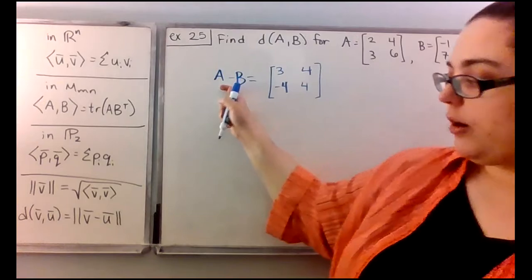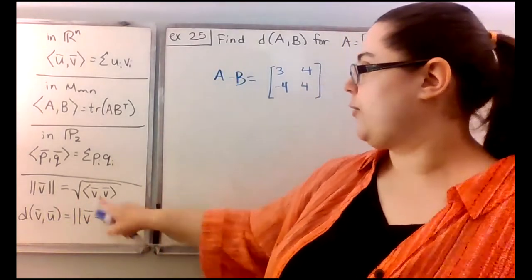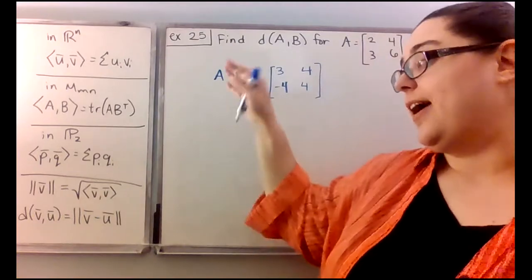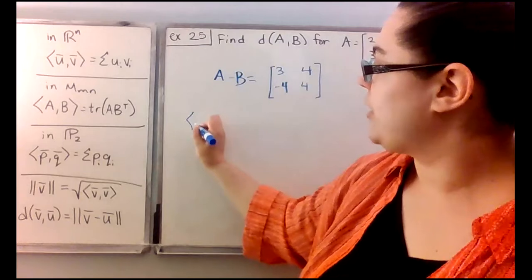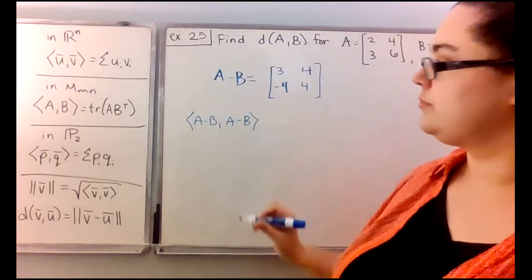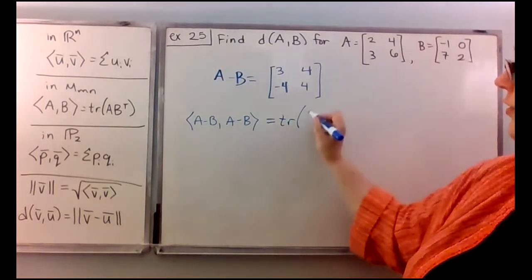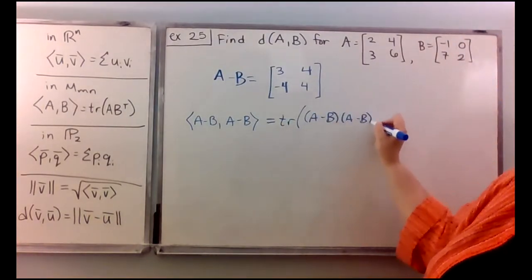So to find the norm, we need to find the square root of the inner product. So I'm going to find the inner product of this with itself first, and then we're going to square root it. So the inner product of A minus B with itself is going to be the trace of A minus B times its transpose.